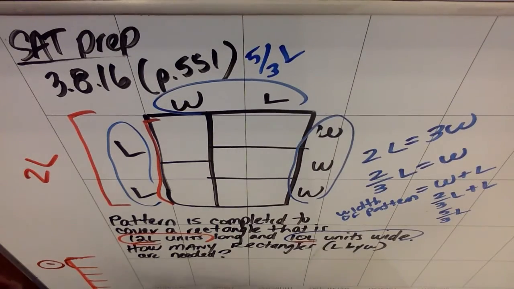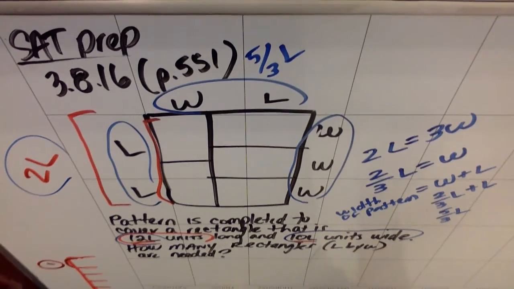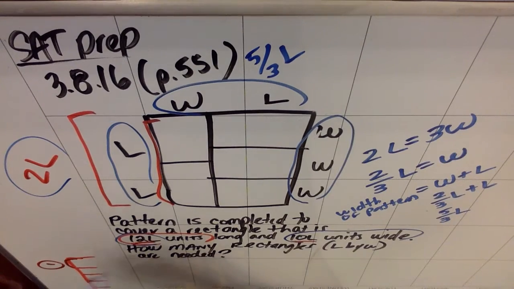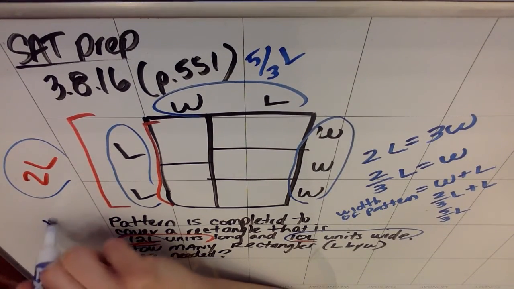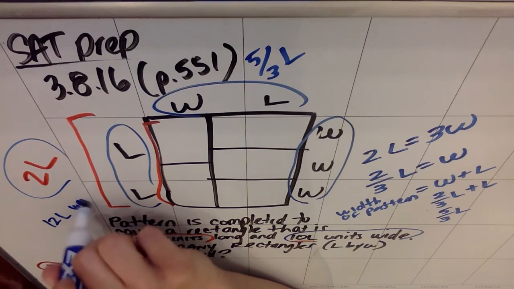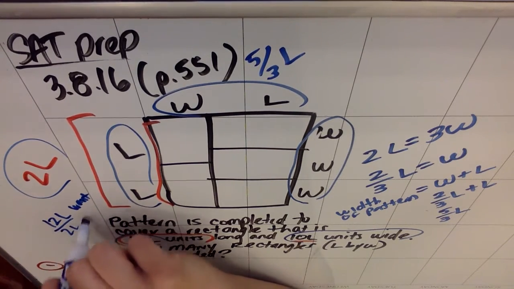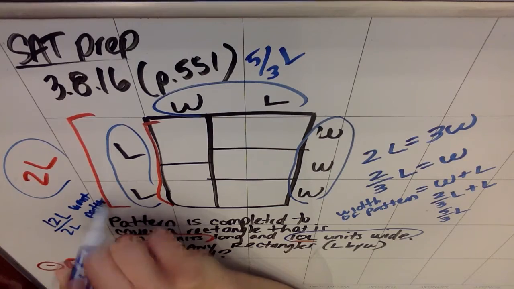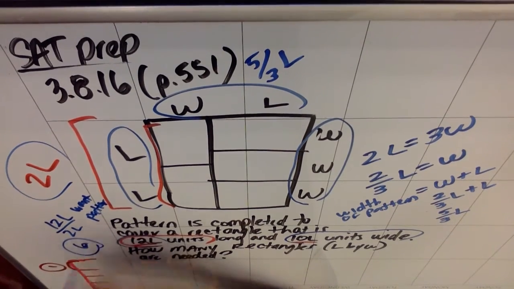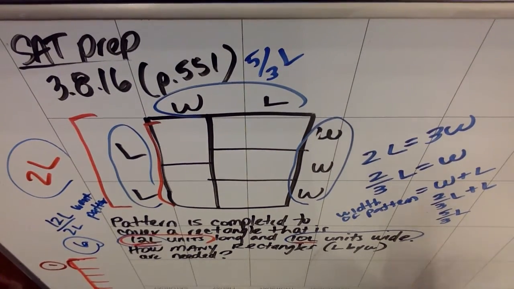Well, the way I figured out that I needed 6 of them, if I had a 2L and I wanted 12 L units long, was that I divided 12 L by 2L and got 6. So again, the way I got the 6 was that I did the 12 L that I wanted over the 2L that the pattern covered, and I realized, oh, I need 6 of the patterns going up and down. Well, I can do the same trick here.